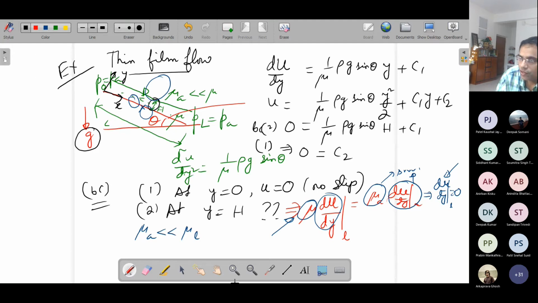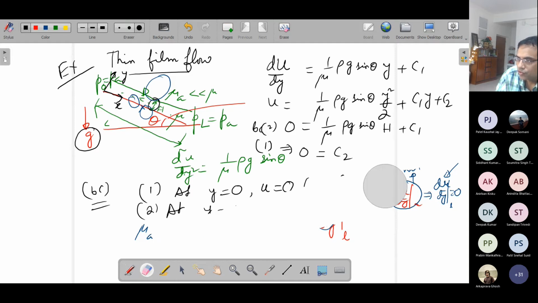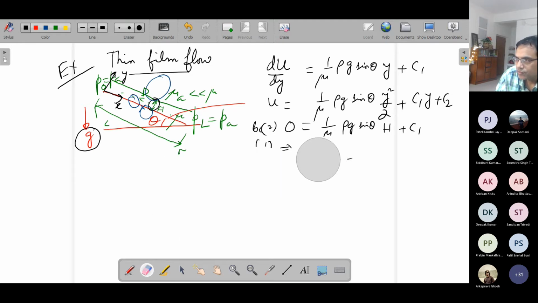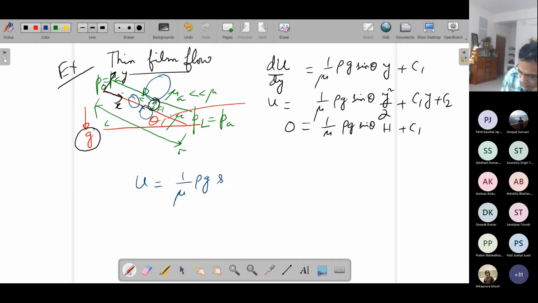So you can clean up everything and write an expression for the velocity profile. That is u equal to 1 by mu rho g sine theta into y square by 2 minus 1 by mu rho g sine theta into h into y.